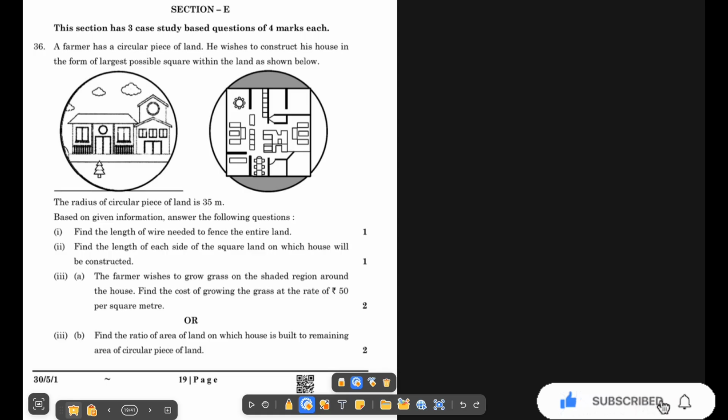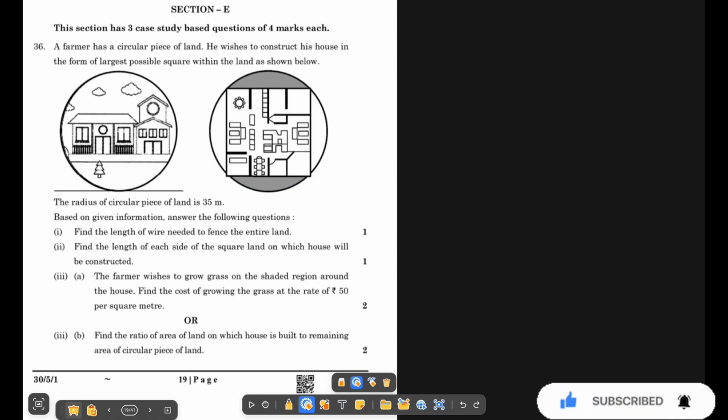Next one, find the ratio of the area of land on which the house is built to the remaining area of the circular piece of land. So the remaining area is this part and this part and this part.